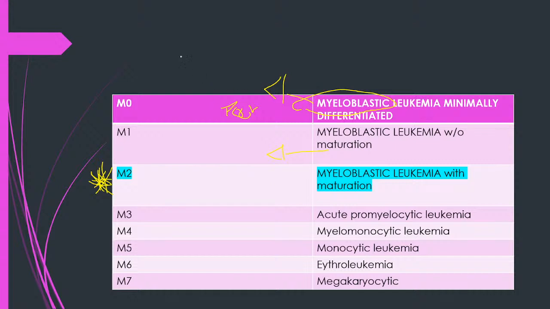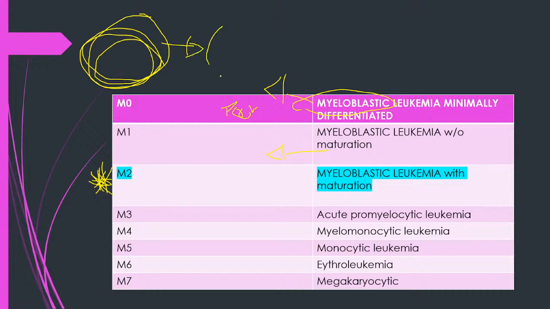What do I mean by poorly differentiated cells? Because of being highly basophilic and resembling a lot of other precursor cells, it may sometimes be confused with lymphoblastic precursors. One way to do a differential diagnosis is to do TDT testing.